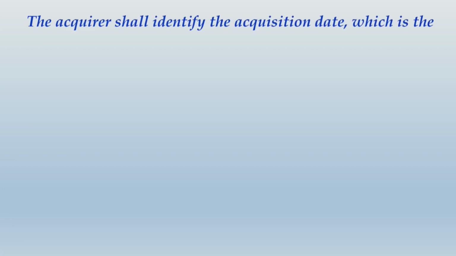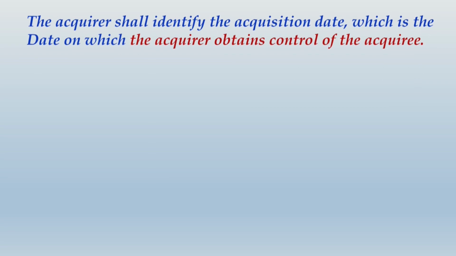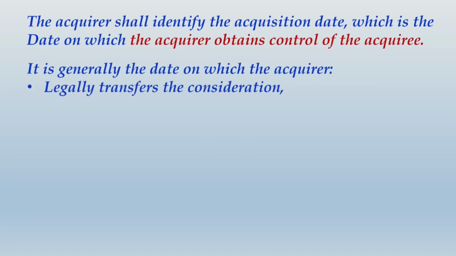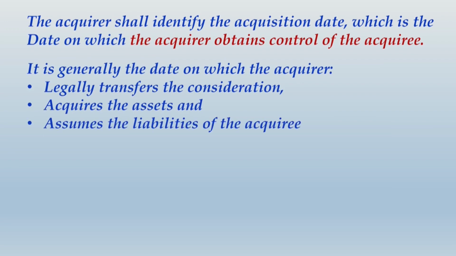So friends, as we have just discussed, the acquirer shall identify the acquisition date, which is the date on which the acquirer obtains control of the acquiree. It is generally the date on which the acquirer legally transfers the consideration, acquires the assets and assumes the liabilities of the acquiree.